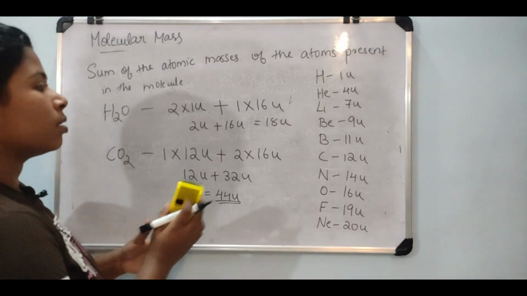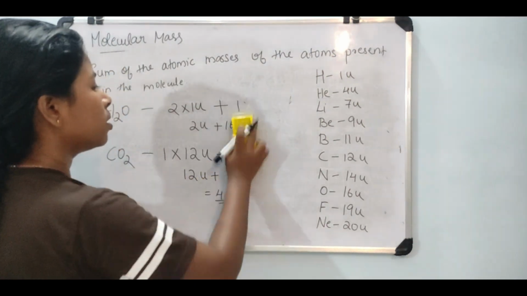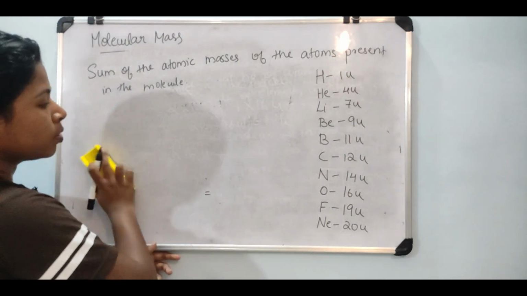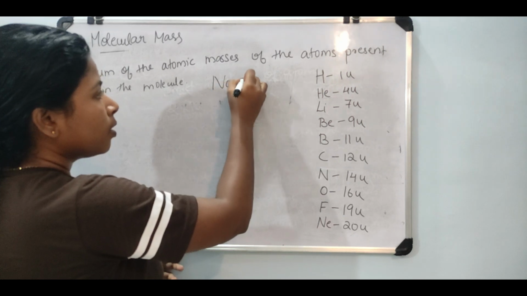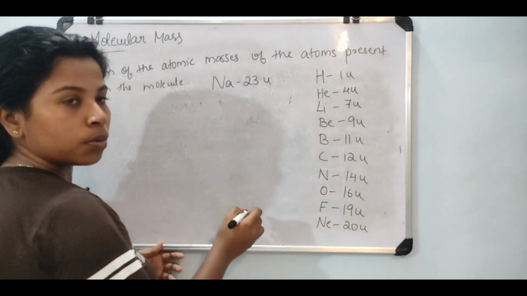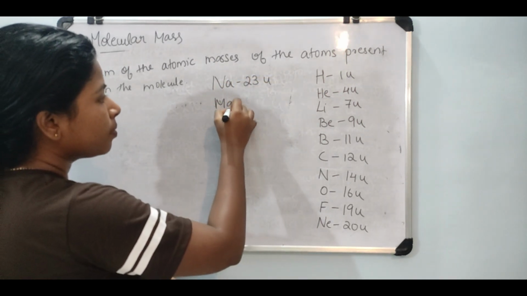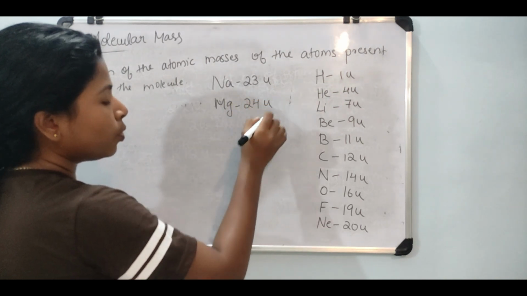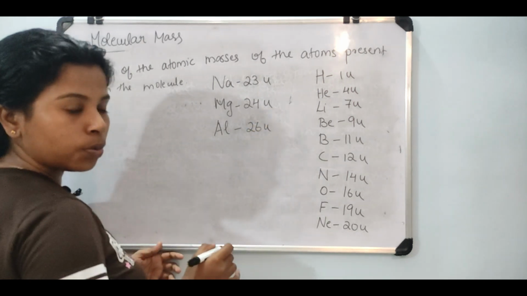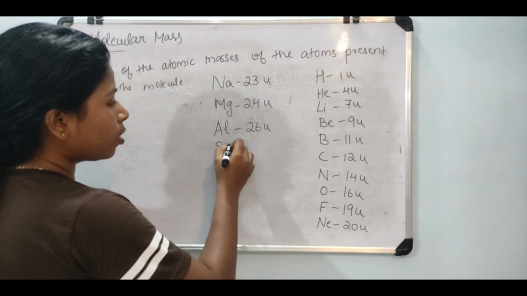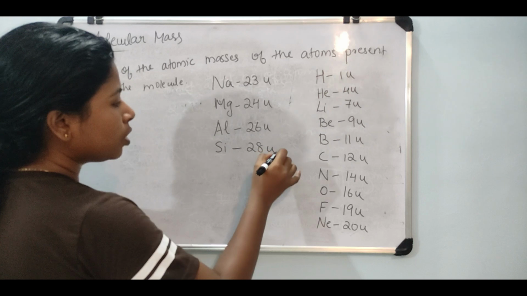Then sodium 23U. Magnesium 24U. Aluminium 26U. Silicon 28U.